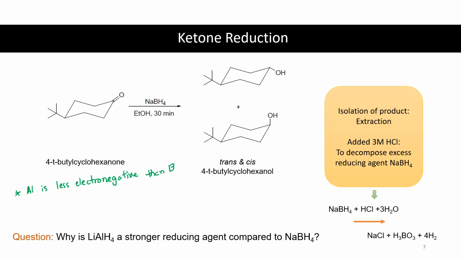So aluminum has a much weaker bond with hydrogen, so the hydrogen can easily leave compared to hydrogen that is attached to the boron. That was one reason. Then lithium ion was better at stabilizing the carbonyl oxygen than sodium.